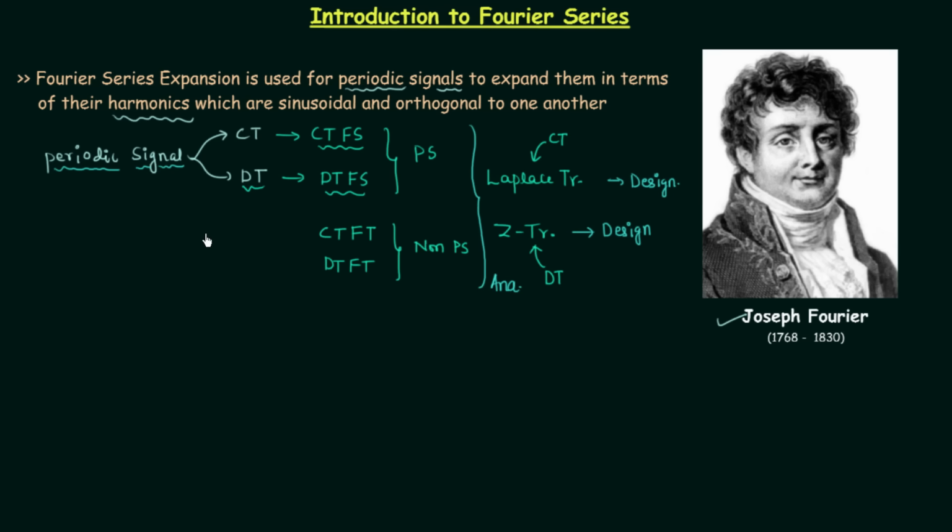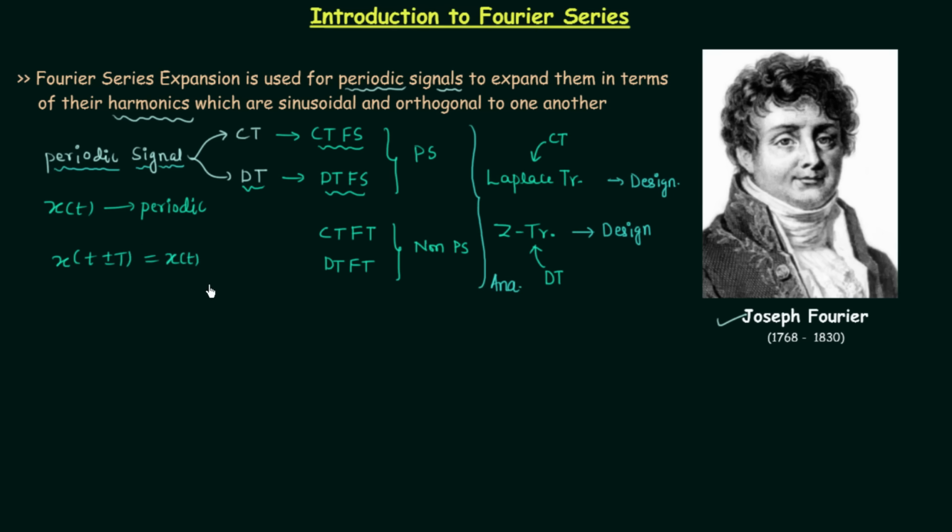Or you can say the periodic signal is a signal in which the signal repeats itself after a particular interval of time, and this particular interval of time is known as time period of this signal. So if we have a periodic signal x(t), then we can say that x(t ± T) is equal to x(t).